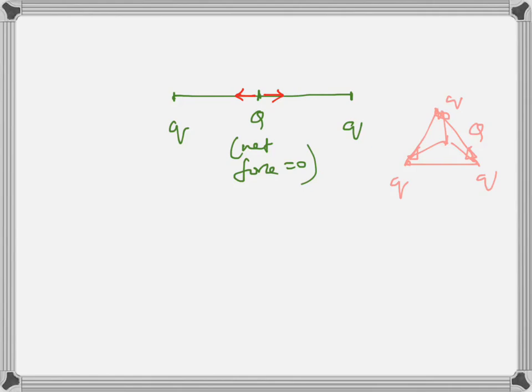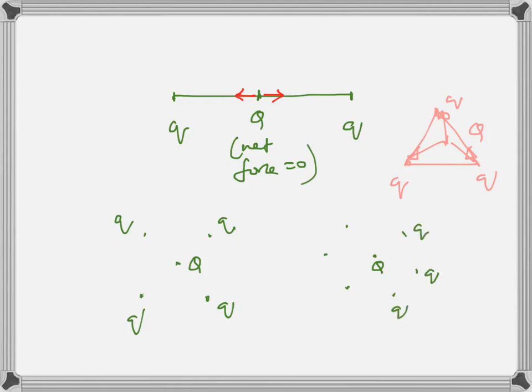Similarly, if I have four charges at the corners of a square, Q, Q, Q, Q, if I keep a capital Q at center, net force on the capital Q will be 0. So I can generalize this rule. N charges which are at the corners of a regular polygon exert no force on the central charge q.